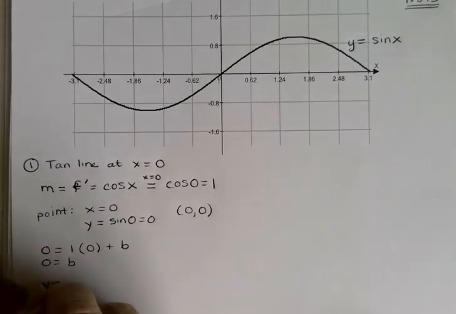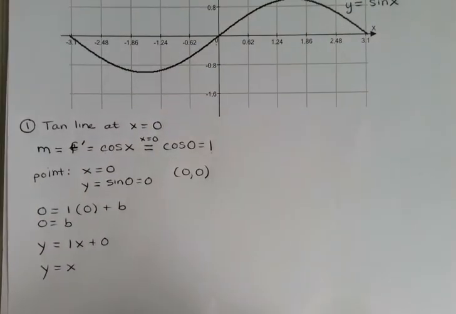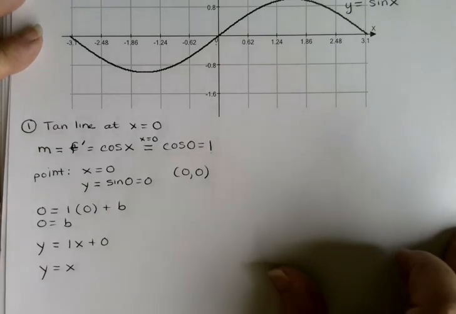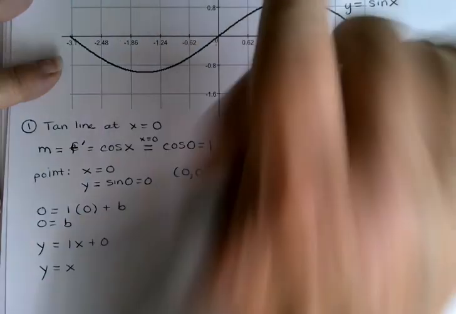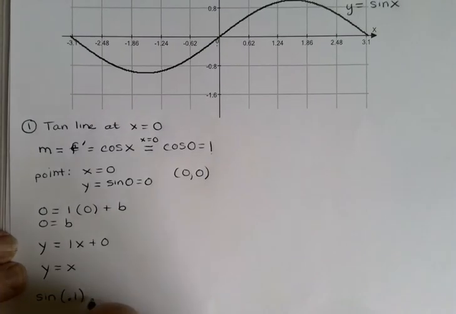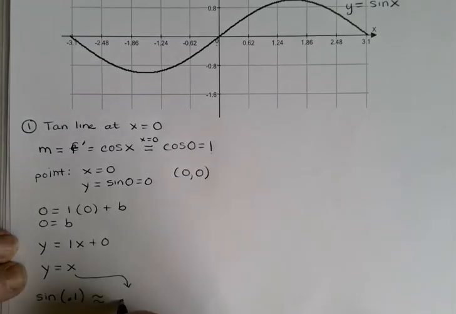And my tangent line would just be y equals 1x plus 0, or just y equals x. So the simple line y equals x is my tangent line to the sine curve at 0. And that means that if I want to approximate the sine of 0.1, I'm just going to use y equals x, and I'm going to get the x value, 0.1.